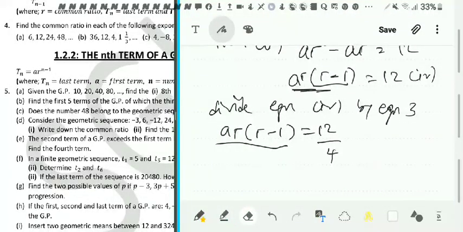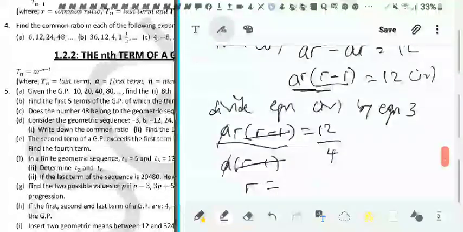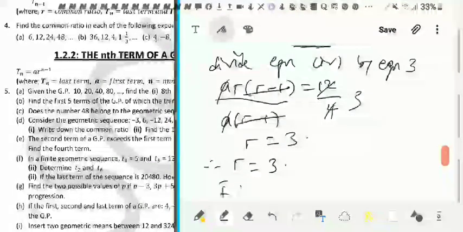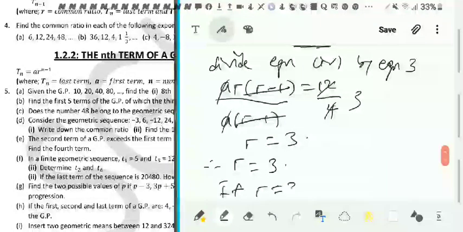So we're dividing these two by each other. R minus 1 cancels R minus 1, and A cancels A. So we have R equals 12 over 4, so R equals 3. And if R equals 3, we can substitute for R.